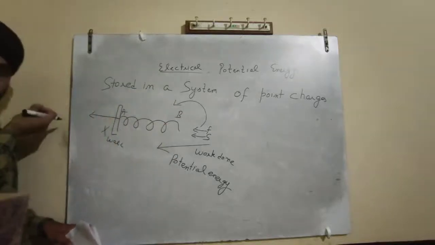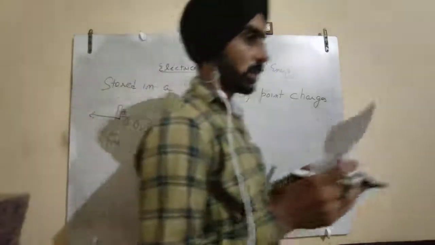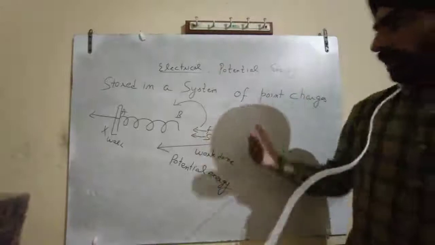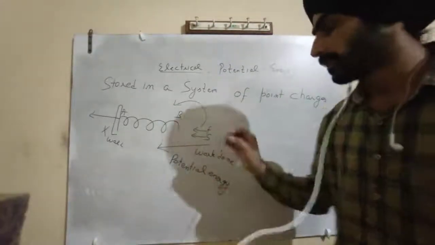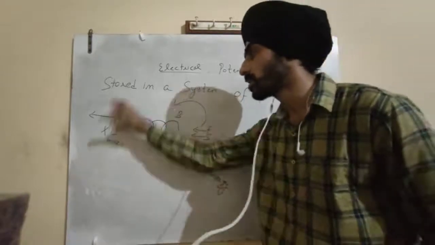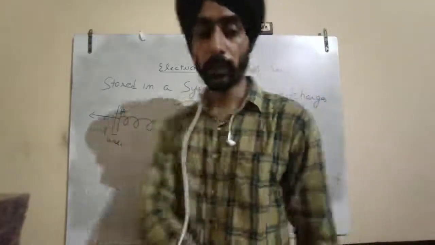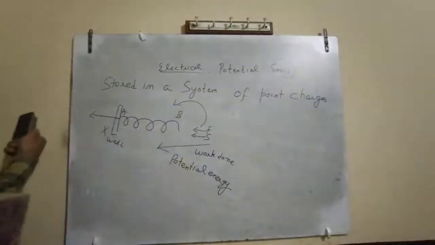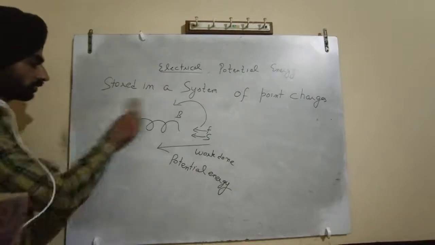That's why A is moving in this direction. So we are going to do work on a system of charges, and that potential energy is going to be stored in the complete system. That means potential energy will not link with B, it will link with a system that consists of A and B. You are seeing from the practical example why A is moving in this direction, because it has some potential energy.